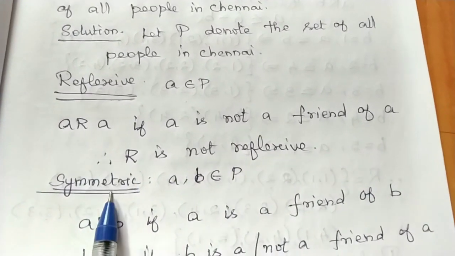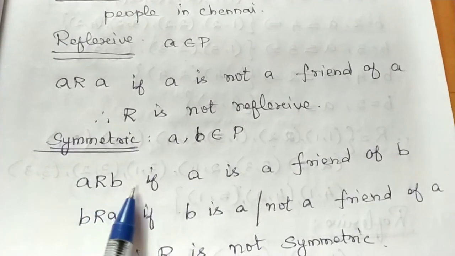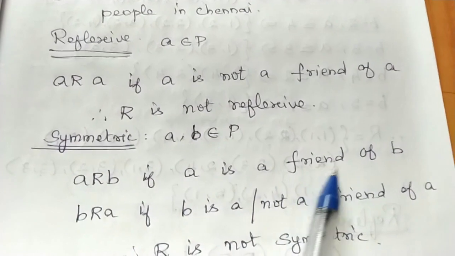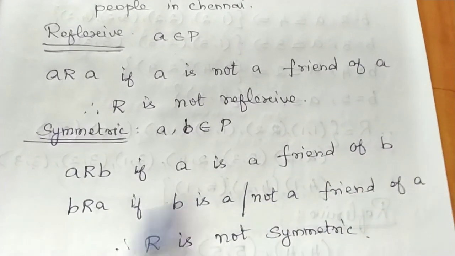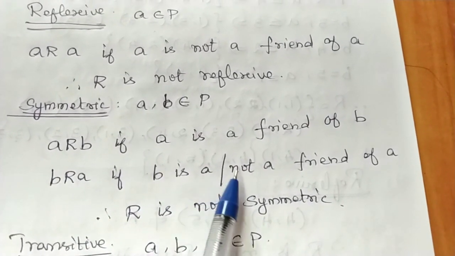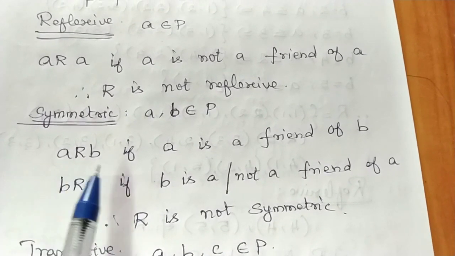Symmetric: A, B belong to P. A related to B means A is a friend of B. So, it is a statement. Reason: B related to A, B is or is not a friend of A. Suppose I take Kala and Mala.